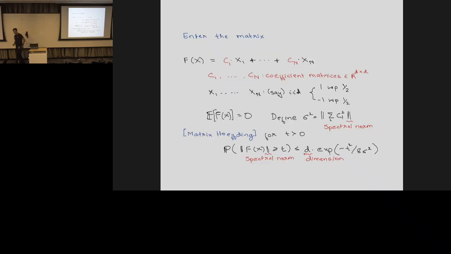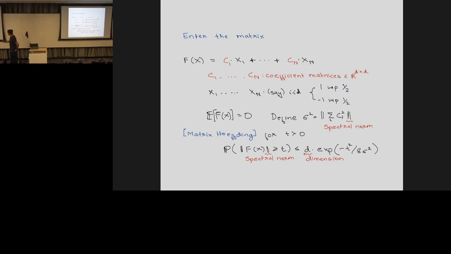Okay. Now let's get down to matrices. So let's consider a similar question to what we saw before. We have a function. This time I'm using capital F, which is a function of independent Rademacher random variables, okay?